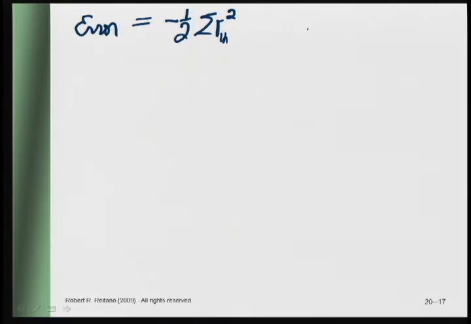We know that we can calculate the expected value of this error term because we know that each one of these r's is, as I said a minute ago, normally distributed with a mean of alpha h and a variance of sigma squared h.